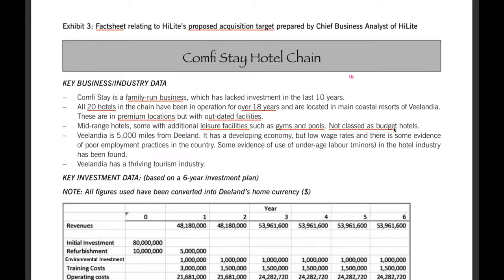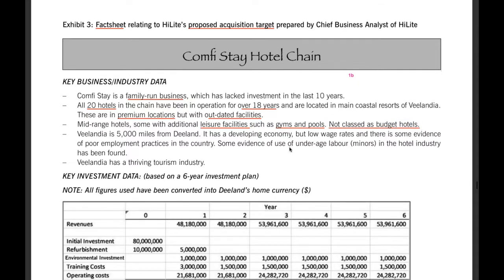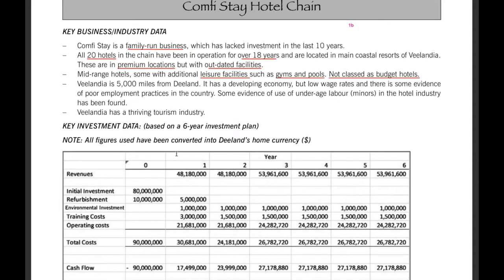Okay, remember here it says it's not a budget hotel, right? So what happened here in this particular place is that, okay, it's a developing economy. Okay.